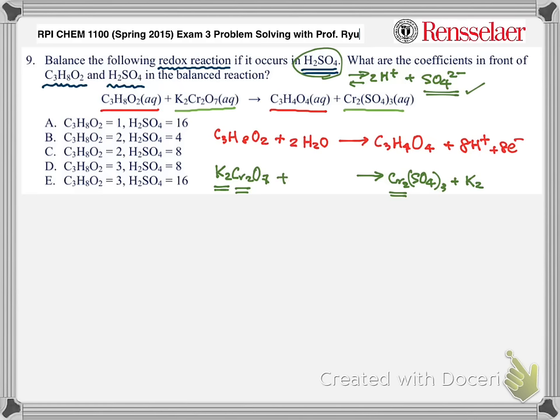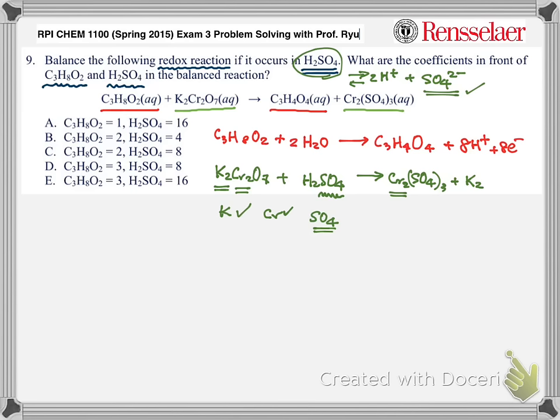So then I can use H2SO4 as a compound, which gives the opportunity to balance the SO4. So, okay, potassium done, chromium done. My next target is the SO4 ion. I want to make it balance.